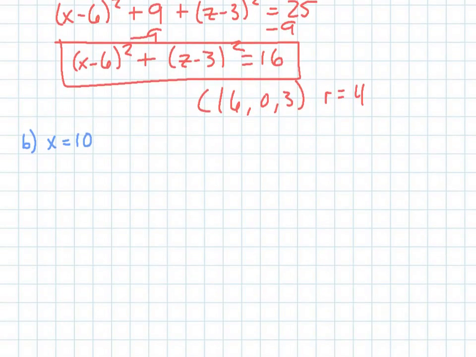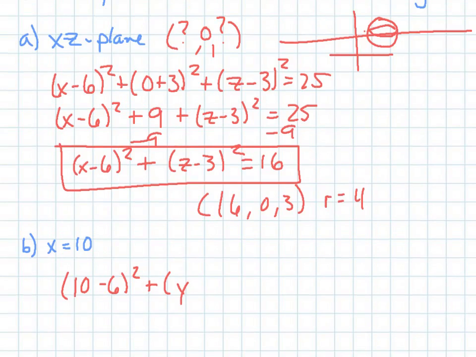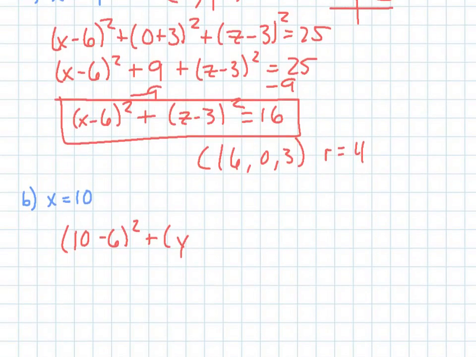Now let's say x is 10. Now they're telling you a specific value for your letter, so we just plug that in, just like we did for the y. So 10 minus 6 squared plus y plus 3 squared plus z minus 3 squared equals 25.